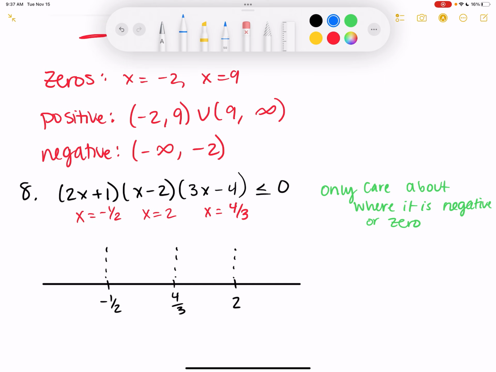So before -1/2, I would check -1. So that's going to be -2 plus 1, so that's negative. Negative minus negative is negative. And then negative minus a negative is negative. So that whole region is negative.